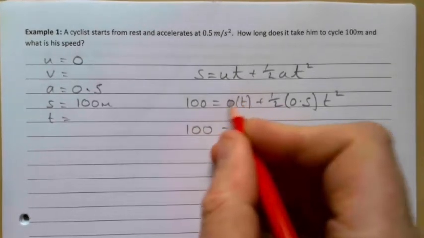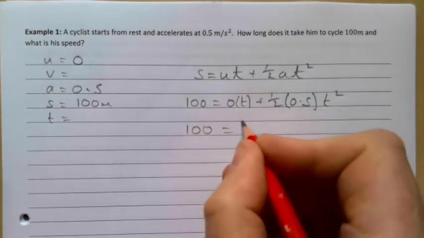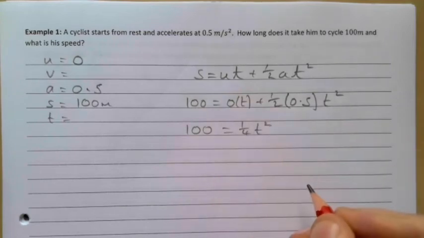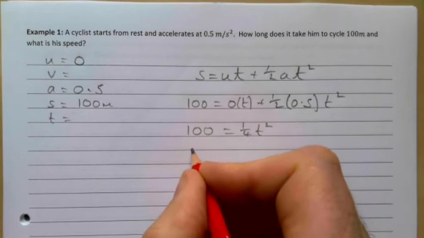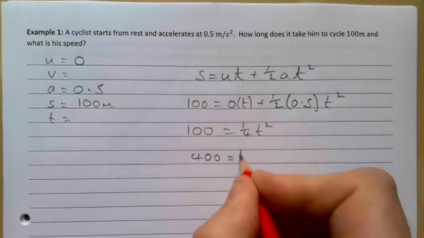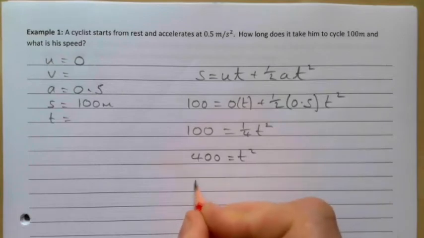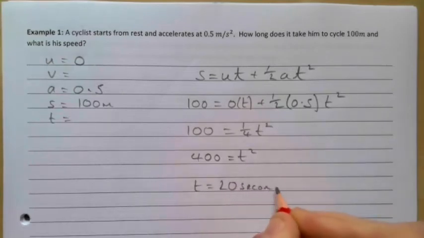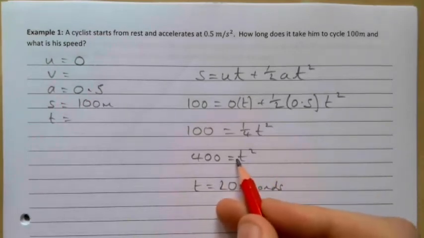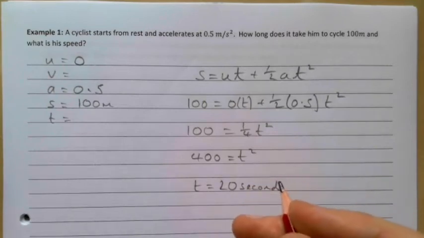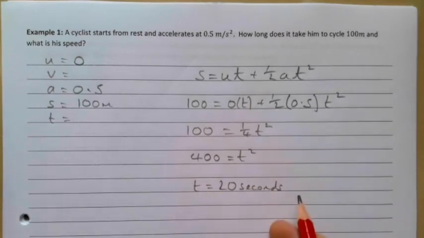The first term obviously goes to 0, and a half times 0.5 is going to be a quarter T squared. Times both sides by 4, we get 400 equals T squared, and that gives us T is 20 seconds. We don't take the negative; obviously you can get plus and minus 20 out of that, but minus 20 seconds wouldn't make too much sense in this scenario. So we have our time.